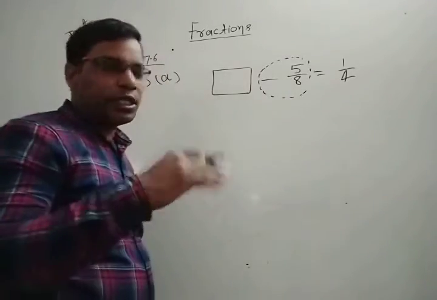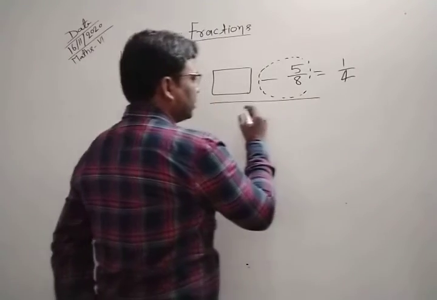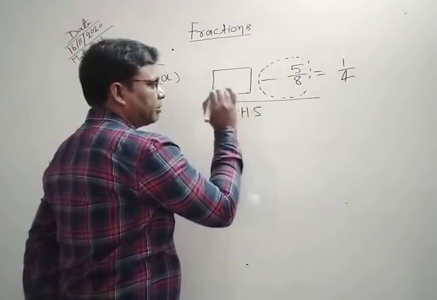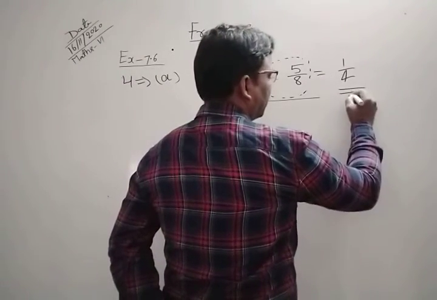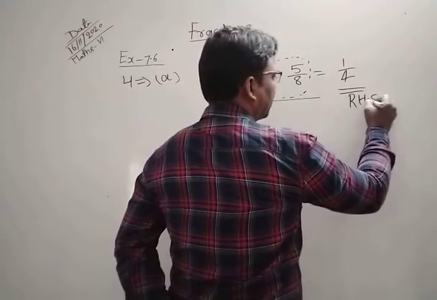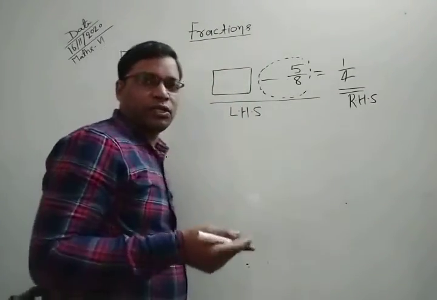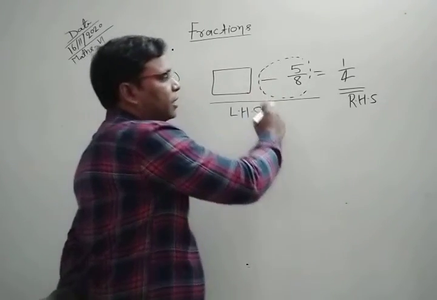When you transpose any fraction from left to right, if the fraction has a minus sign, it becomes plus on that side.